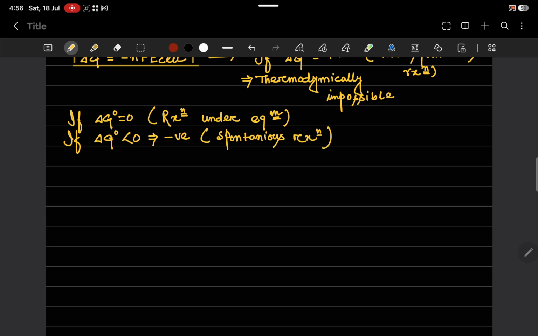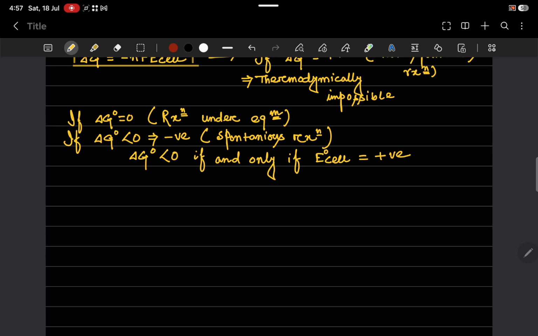So delta G0 will be less than 0 if and only if E0 cell is positive.